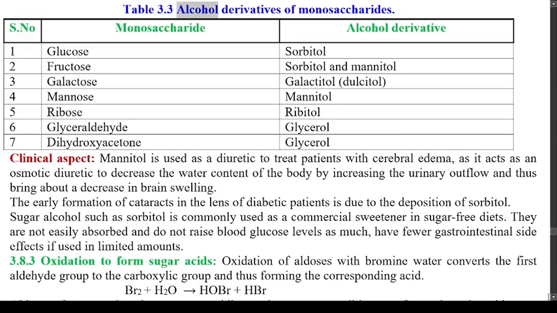Table 3.3 Alcohol derivatives of monosaccharides. Monosaccharide and alcohol derivative: 1. Glucose, sorbitol. 2. Fructose, sorbitol and mannitol. 3. Galactose, galactitol, dulcitol. 4.